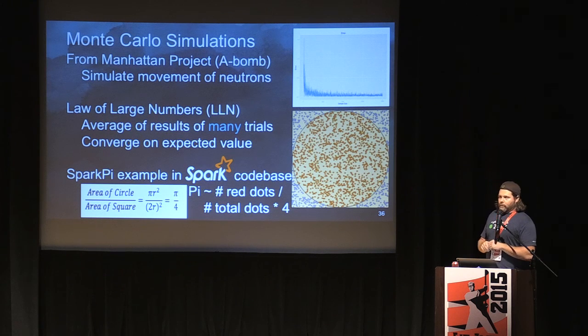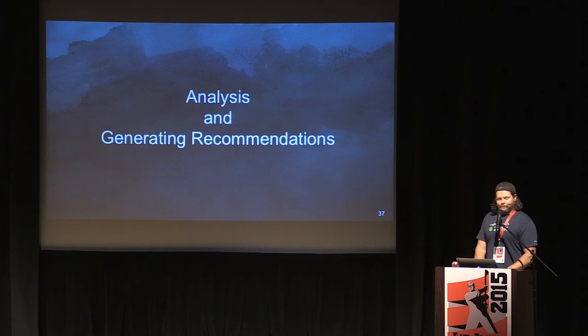We can actually run this, and you can have it do multiple iterations. At 10 iterations, it was getting like 3.10, and then if I did 100, it was 3.1415, something like that. So as you do more iterations and throw more dots, you actually get closer. So it's a nice parallelization problem.